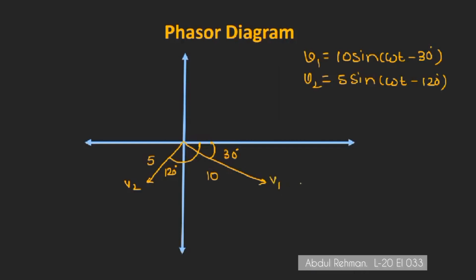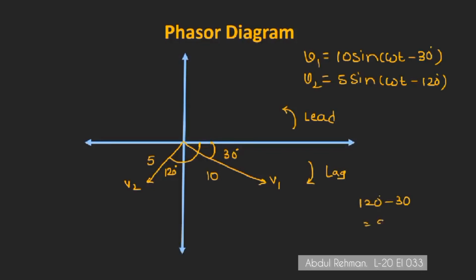On this phasor diagram, the anticlockwise direction is known as the leading direction, and the clockwise direction is known as the lagging direction. As you can see, V1 is leading V2 by 120 degree minus 30 degree, that is by 90 degree.